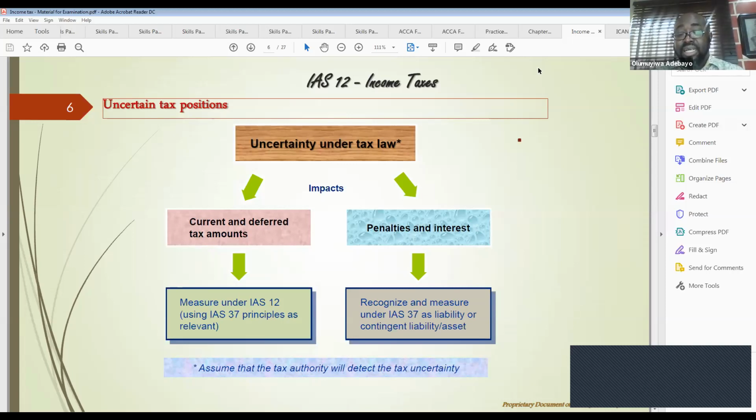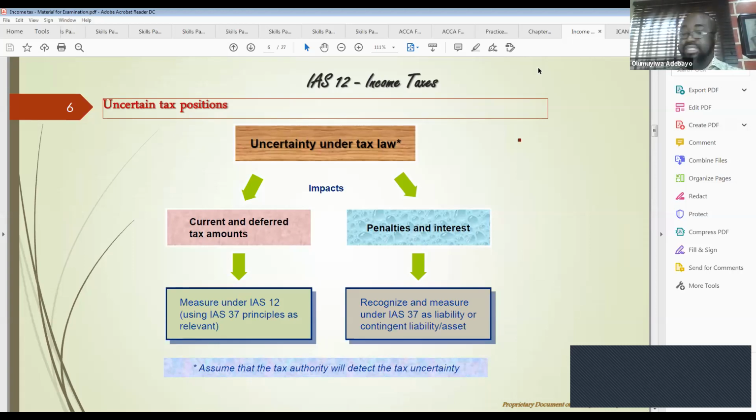The solution that we profiled yesterday showed that our current tax should be the estimated tax for the year, which was 2.1, plus the under-provision of 400 for prior year. And that's what gave us that 2.5 million we recognized yesterday. This is where we derive our understanding of the application that we did yesterday.